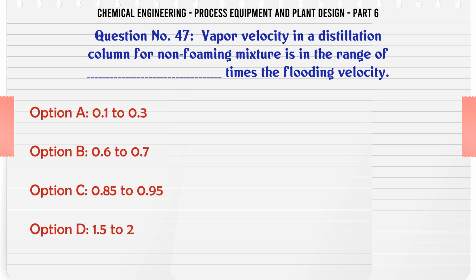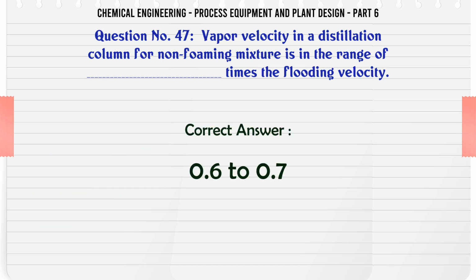A. 0.1 to 0.3, B. 0.6 to 0.7, C. 0.85 to 0.95, D. 1.5 to 2. The correct answer is 0.6 to 0.7.